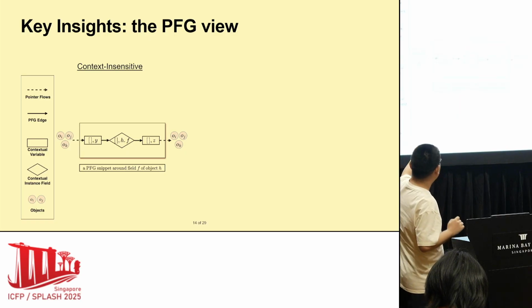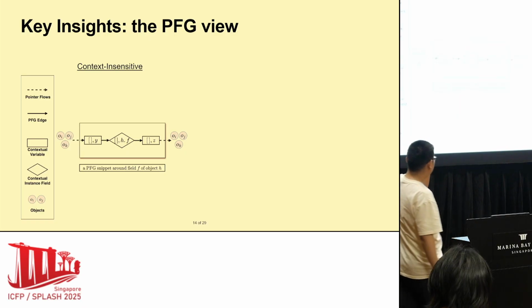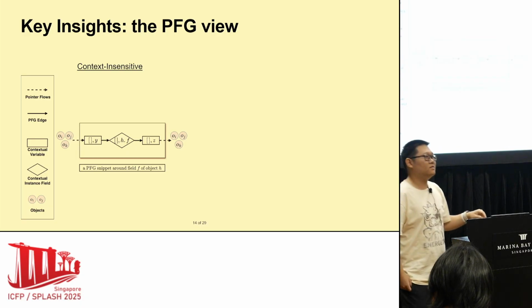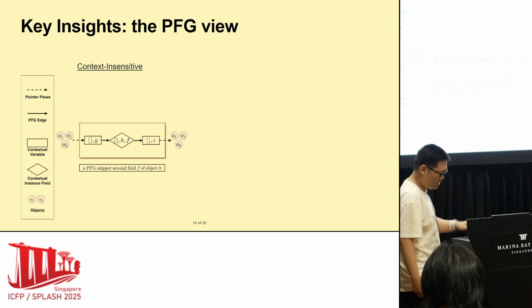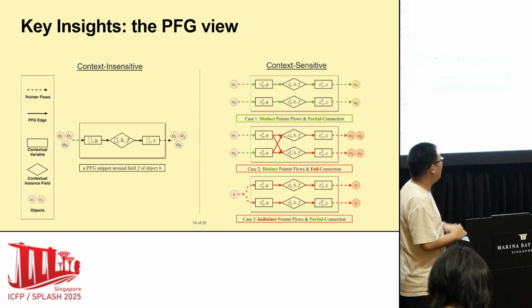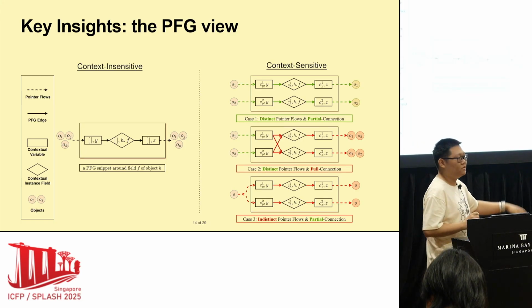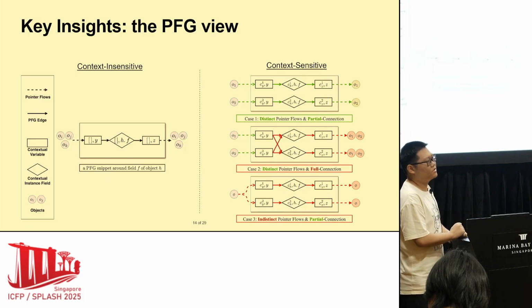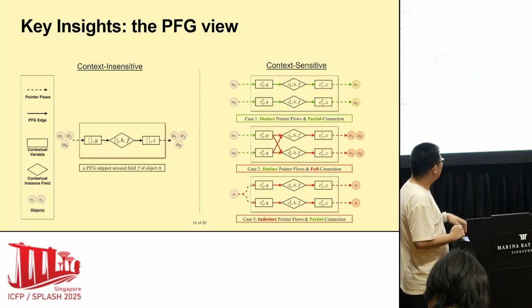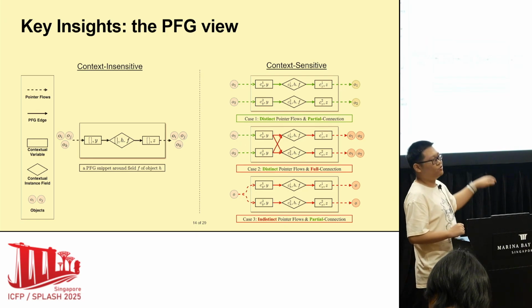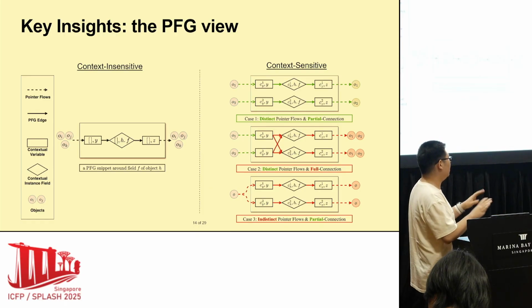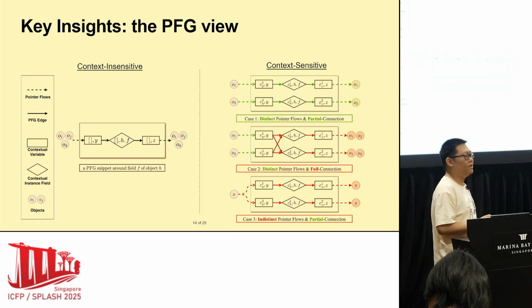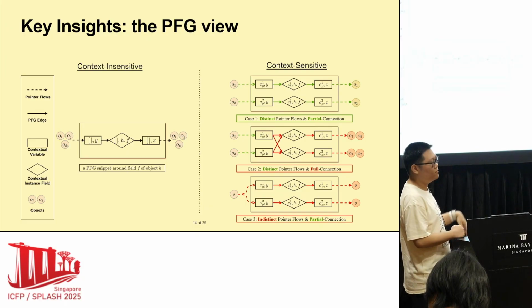We also have some objects propagating first to the variable y and then the instance field h.f and then z. So under the corresponding context sensitivity, which mainly replicates the pointers under their contexts, the same PFG may demonstrate different potential scenarios, and here we list mainly the three representative ones.